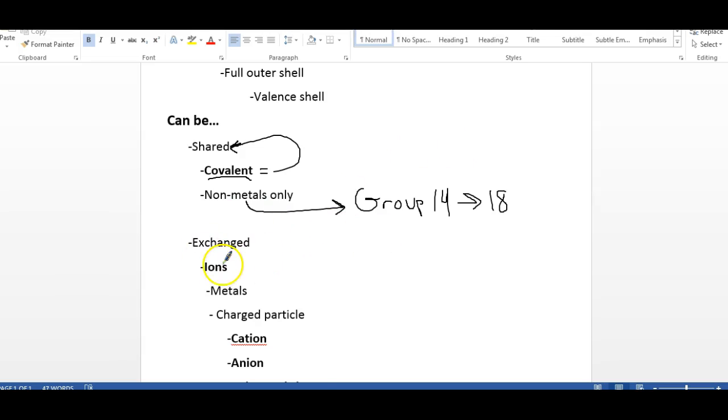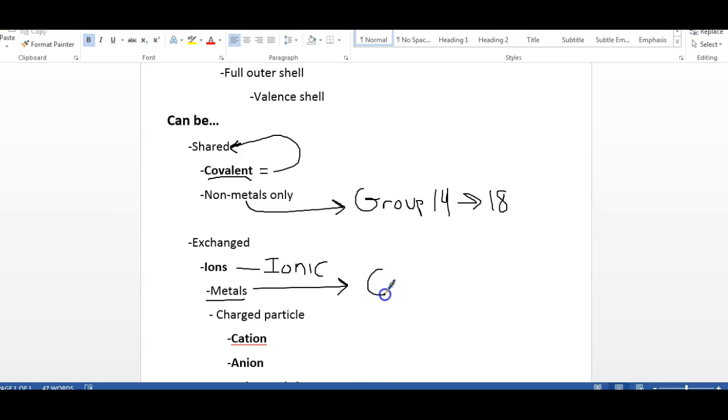Okay, but then we have the other ones, exchanged electrons. Okay, and they form ions, and those are called ionic compounds, because they form ions. And these are metals. So if any one of the atoms in the compound is a metal, then it's an ionic compound.